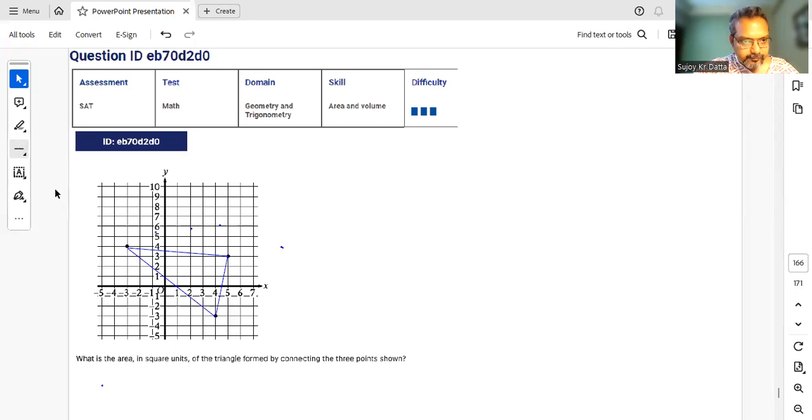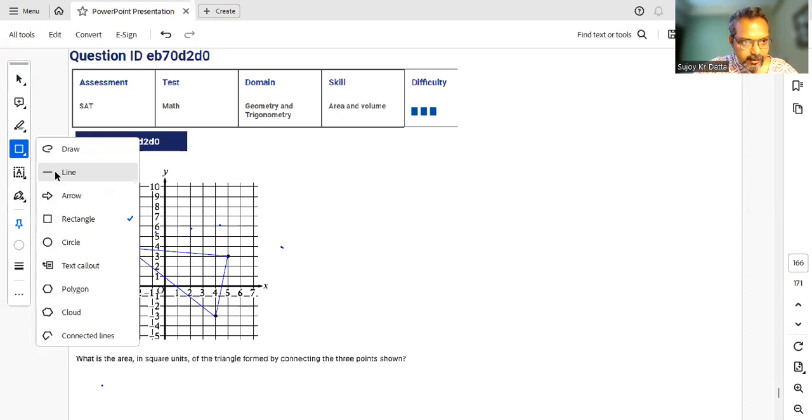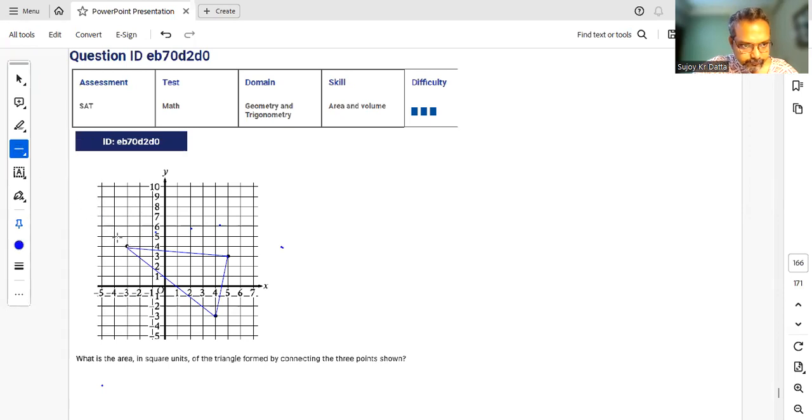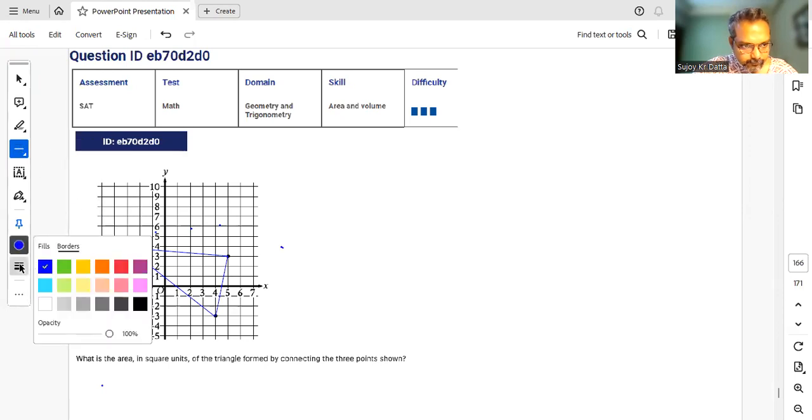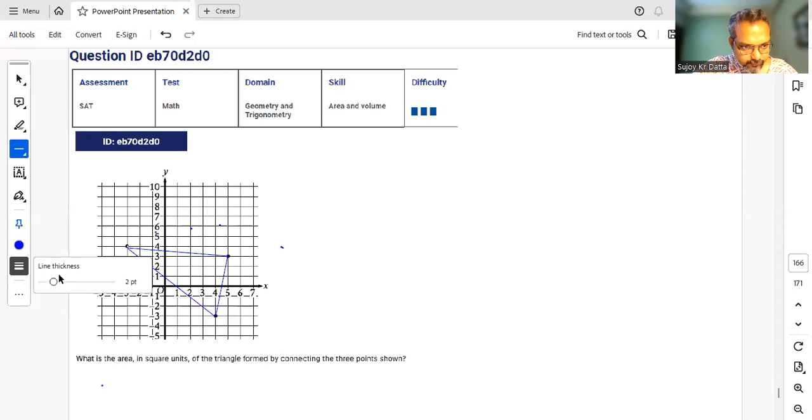What we do is simply construct a rectangle all around it.